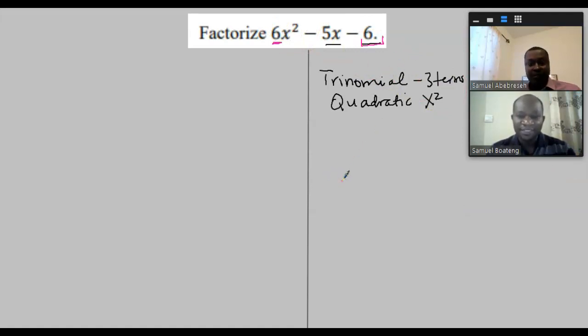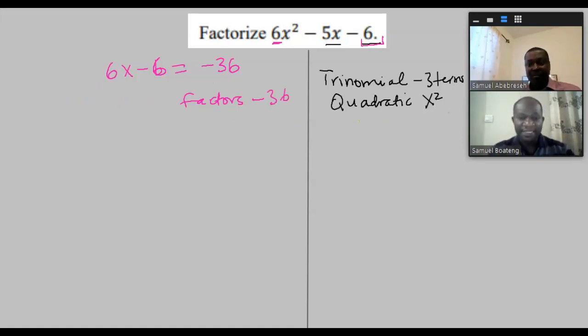In this case, the coefficient of the quadratic variable is 6. You multiply 6 by minus 6, minus 36. We find the factors of minus 36. You consider the negative aspect and then the positive aspect.